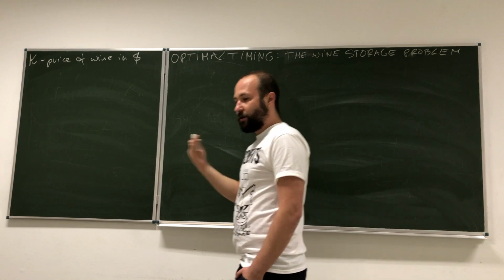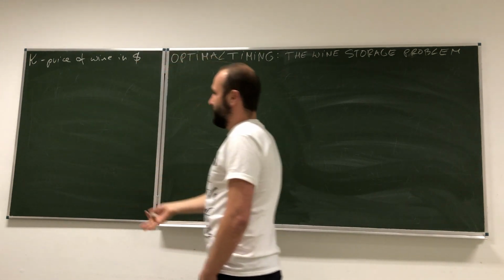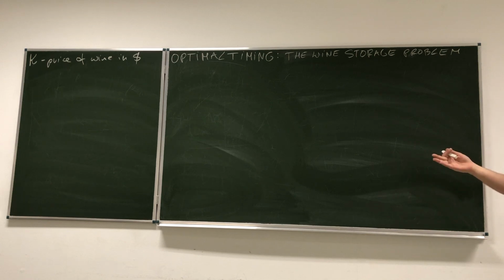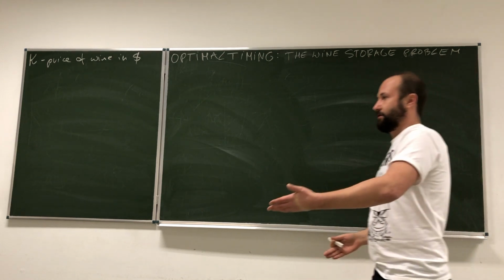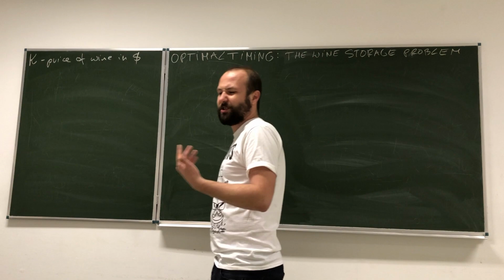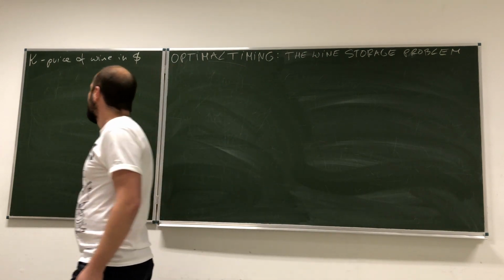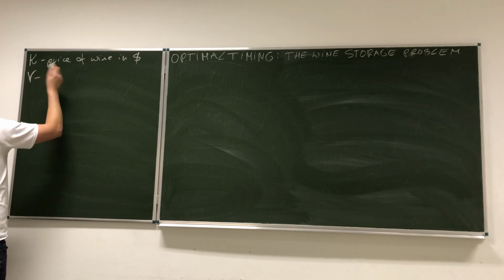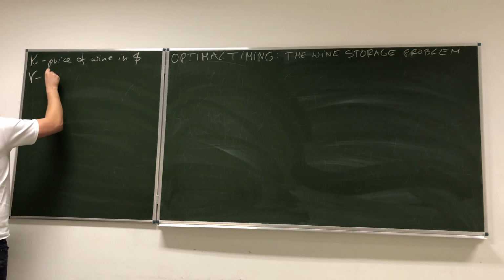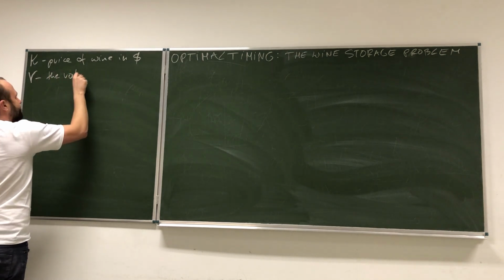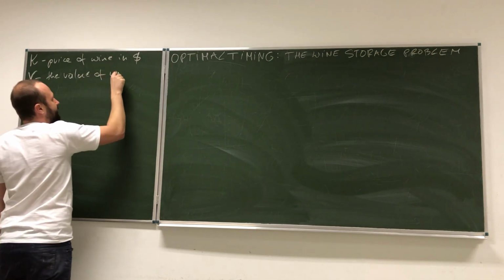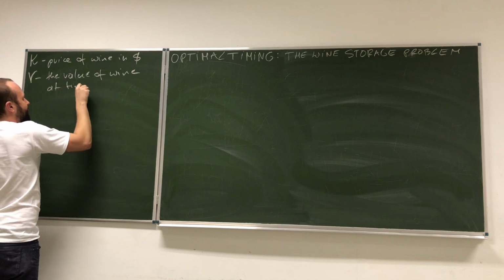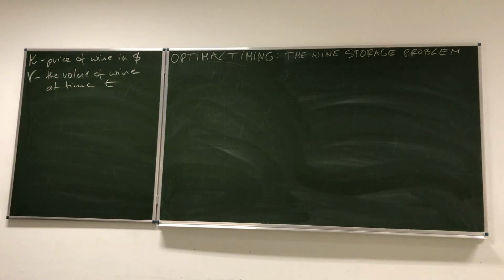So, now, because we know that this wine is going to be worth more in the future, because the value of wine generally grows with time, let's denote that V is the value of wine at time t.